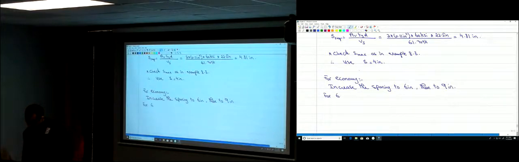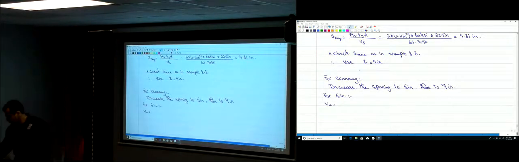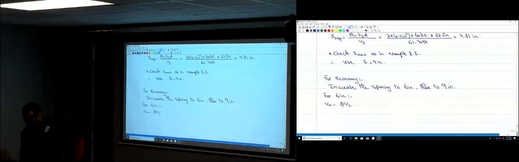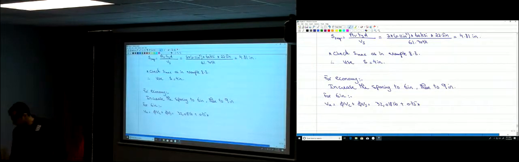So for 6 inches, V ultimate, the strength of the 6-inch stirrups is phi Vc plus phi Vs. Vc was 3218 pounds plus phi, which is 0.75. Vs is Av fy d divided by s, so that's 3218 pounds plus 0.75.